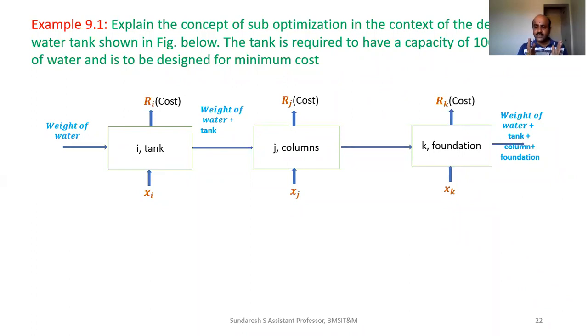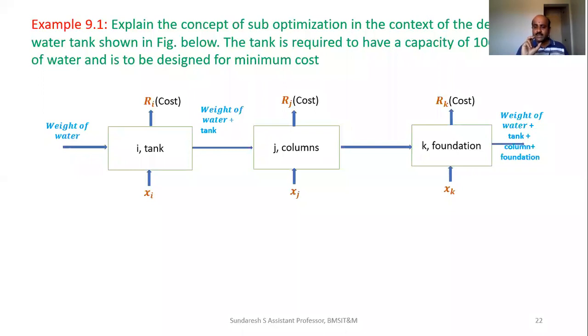So when the steel is of low capacity or low cost, ultimately the foundation has to withstand the columns as well as the tank as well as the water. So then you need a very huge foundation. When you have a huge foundation, you cannot reduce the cost of the foundation. You cannot optimize the cost of the foundation. All right, I hope you are following what I am saying.